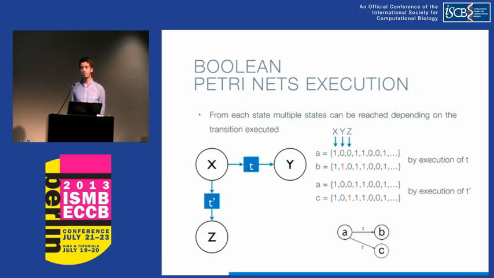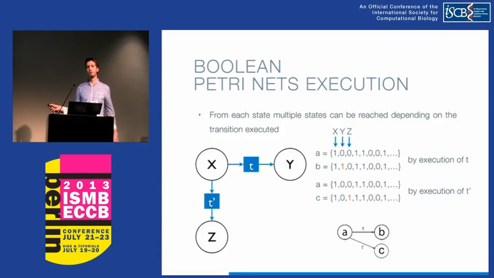So now we have two options. We can choose to execute T and basically express gene Y, or we can execute T prime and express gene Z. And as you can see here, that means going from state A to state B, in which Y is now expressed, or going from state A to state C, in which now Z is being expressed.